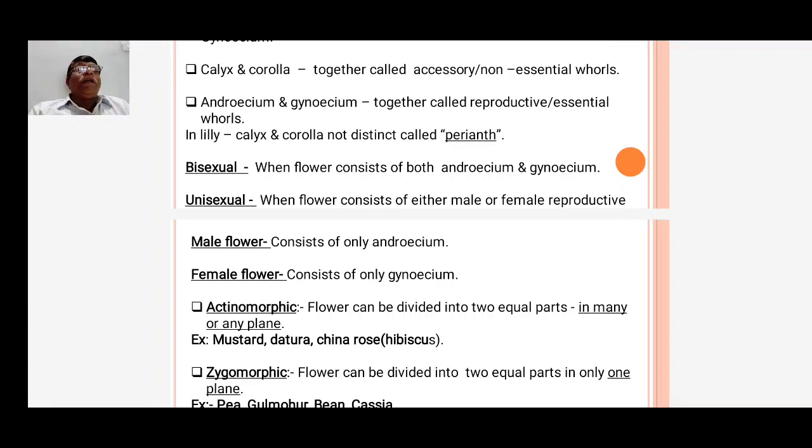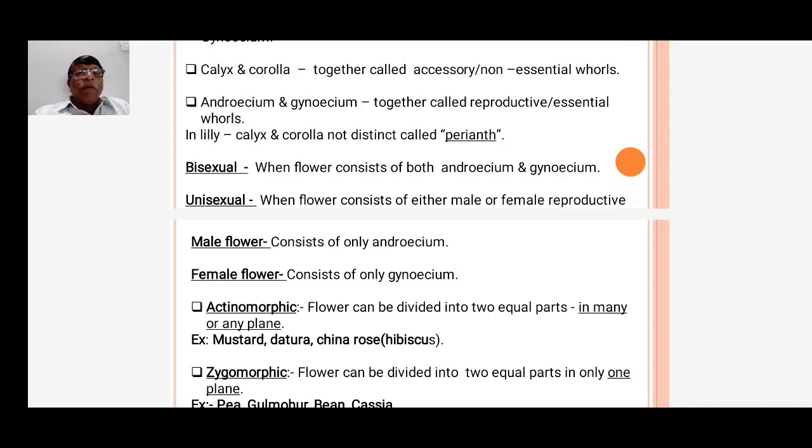For example, flowers of some cucurbits, cucumber, ridge gourd, bottle gourd plants have such flowers. Now, male flower. What is a male flower? It's a type of flower in which only the androecium or the male reproductive part is present, or only stamens are present.